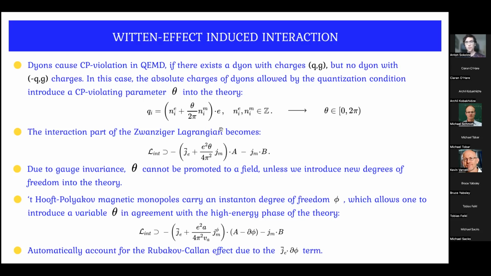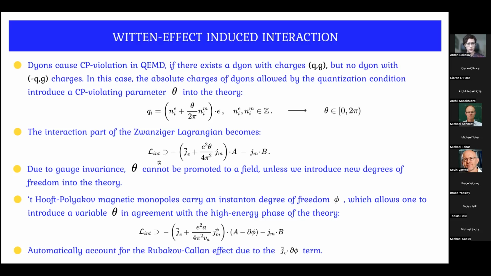Then we see also that this theta is an angular variable, because here we have just arbitrary integers, so shifts by 2 pi n do not affect the electric charge.